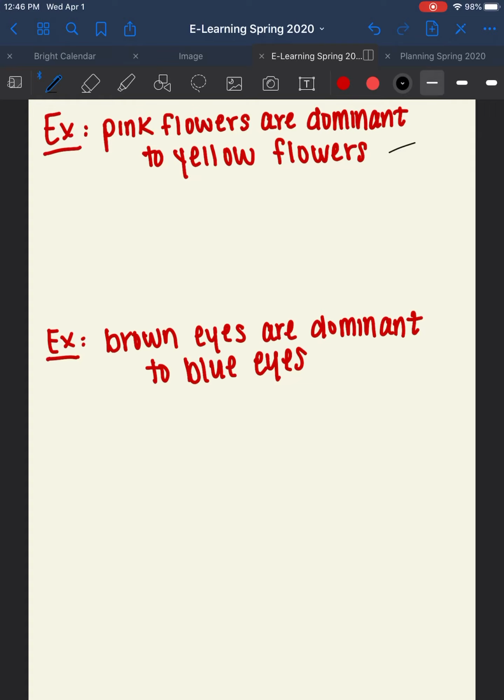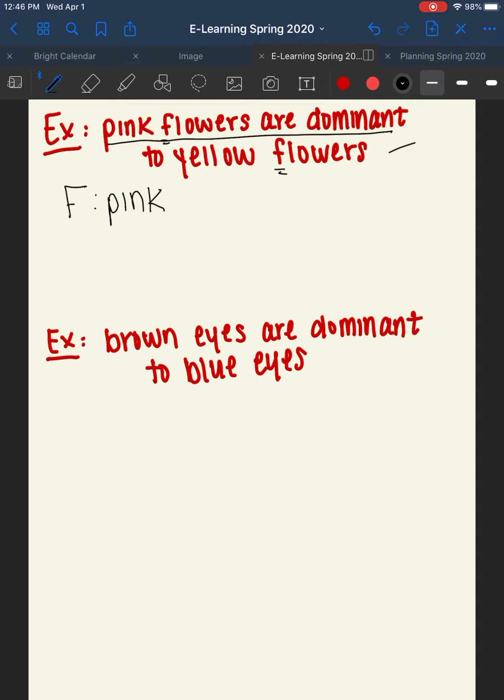Since we are talking about flowers, I'm going to use the letter F as my genotype to represent the color of flowers. Since it says pink flowers are dominant, that means capital F, my dominant trait or my dominant allele, is going to be for pink flowers.